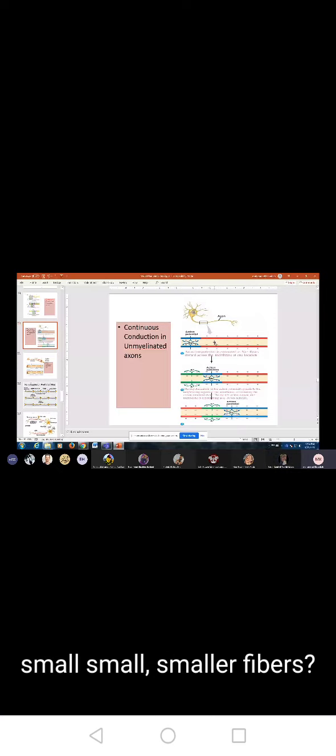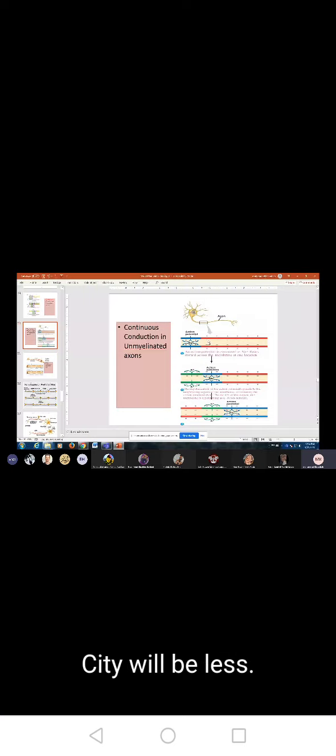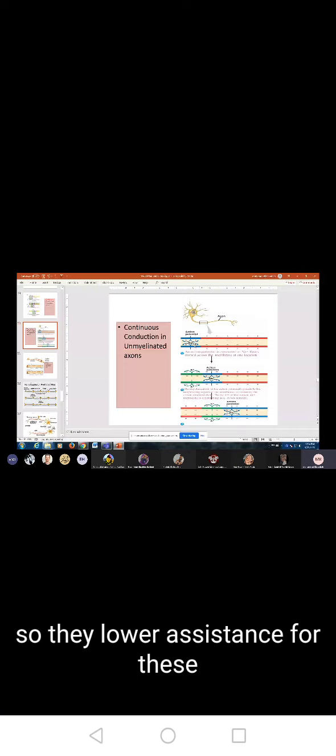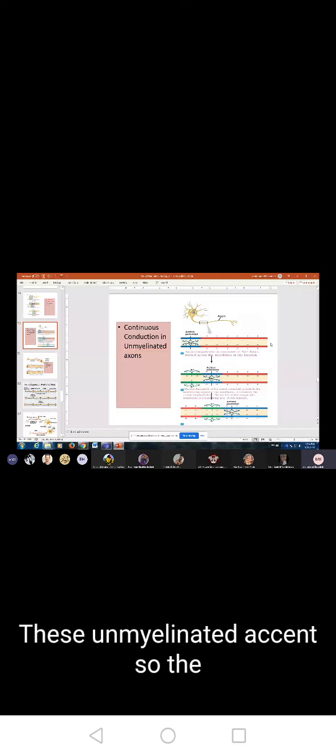Higher resistance for these ionic currents means the velocity of conduction along these unmyelinated axons will be less. Lower resistance is in bigger fibers, so you get much faster transmission of action potentials along these unmyelinated axons.